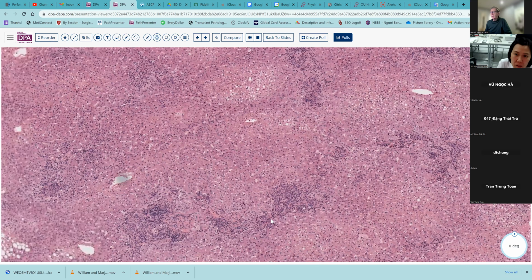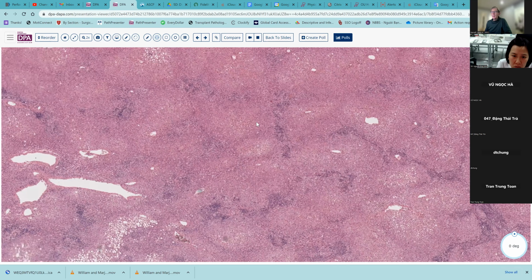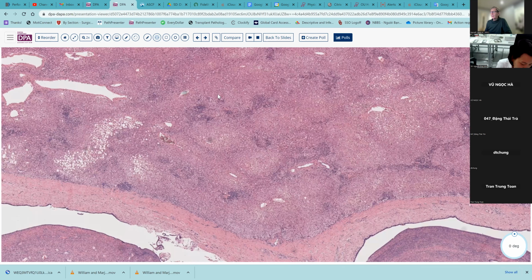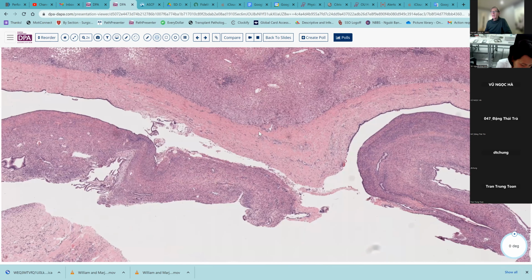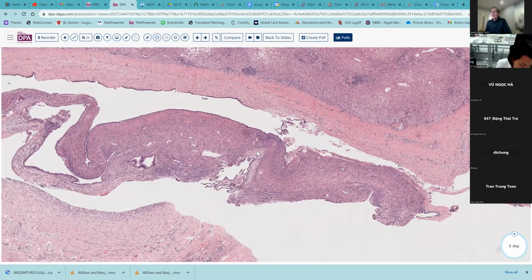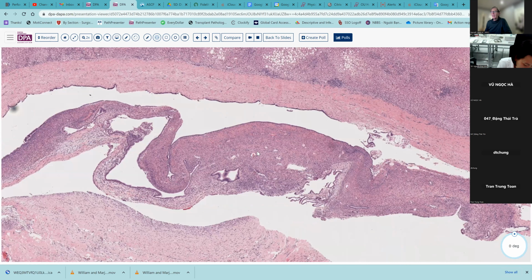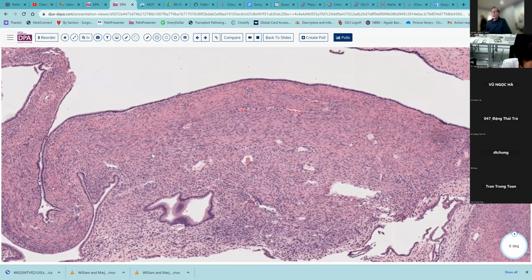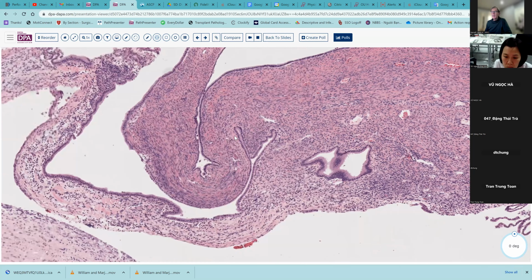There is nice hepatic parenchyma, a little fatty change. And here you see this lesion, which is a dilated cystic structure with a bit of tissue within the lumen. And so this was a case where they thought, gee, this looks like a neoplasm, something that we're going to need to take care of. And so it was resected because it was amenable to that.